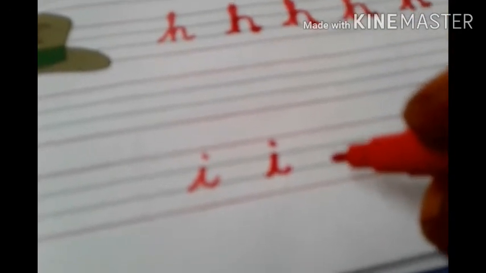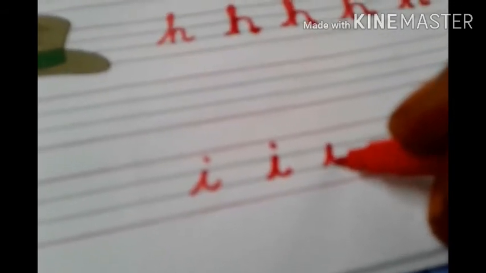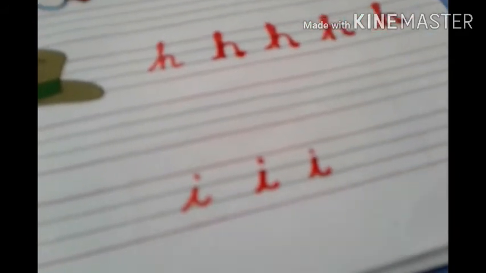I have not touched the bottom nor the top line. Place a pencil at the third line, go up to the second line, come back to the third line, make a small curve, put a dot over here. I for ice cream.